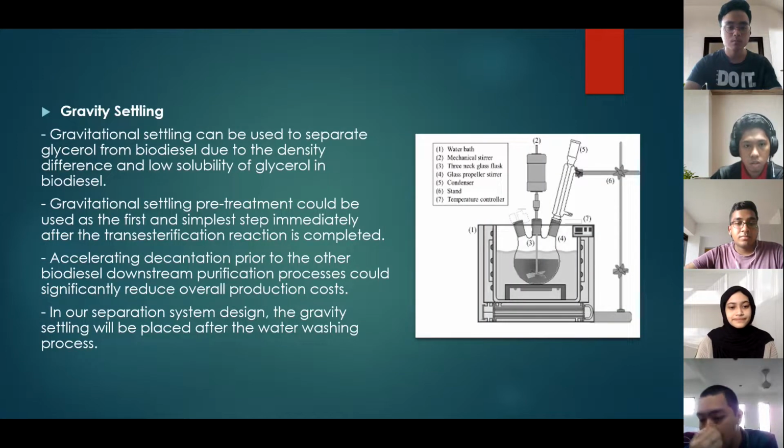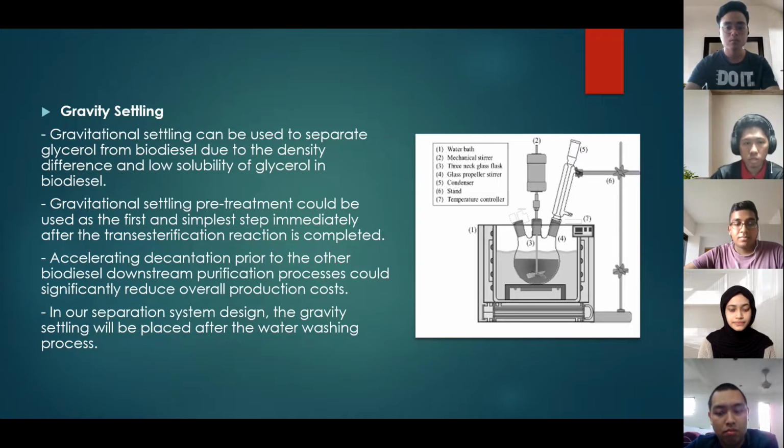Thank you, Ain. So now I will be talking about the gravity settling. Gravitational settling can be used to separate not only glycerol but also sodium hydroxide and the unreacted reactant from the biodiesel due to the density difference and also the low solubility of the material in the biodiesel.